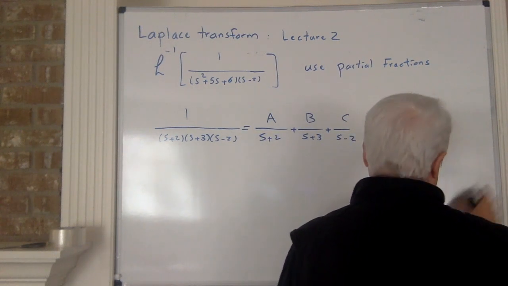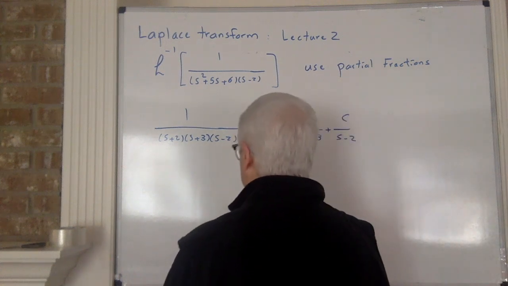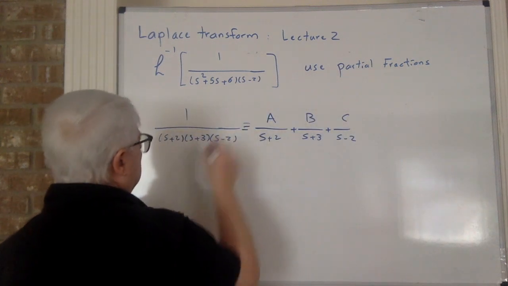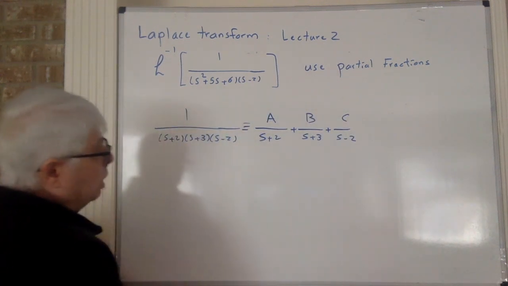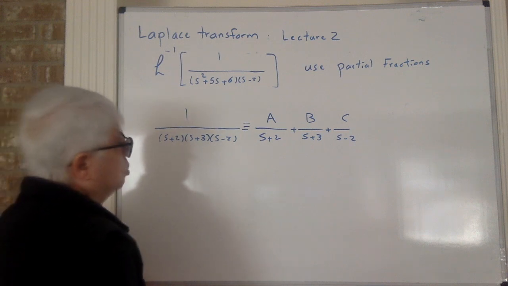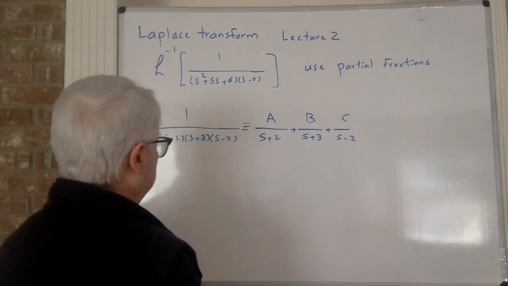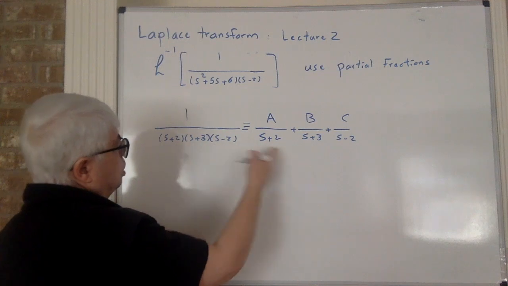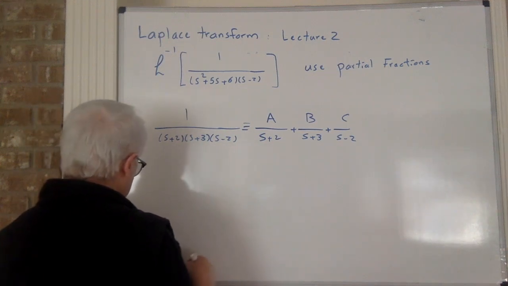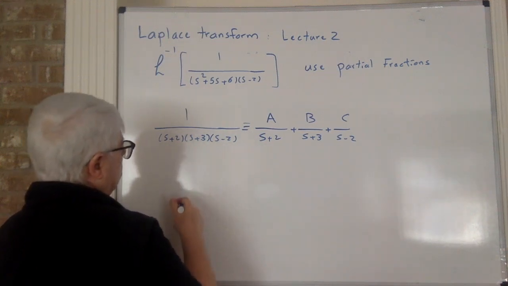And remember, this is in fact an identity, which means the left side should be the same as the right side. The common denominator is definitely the same, so I don't have to do anything.